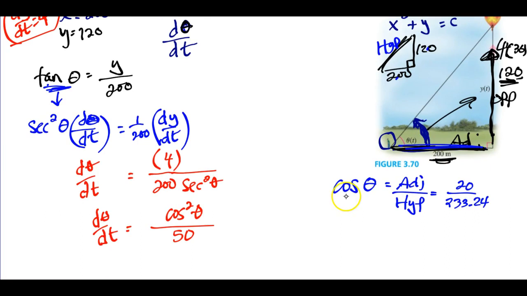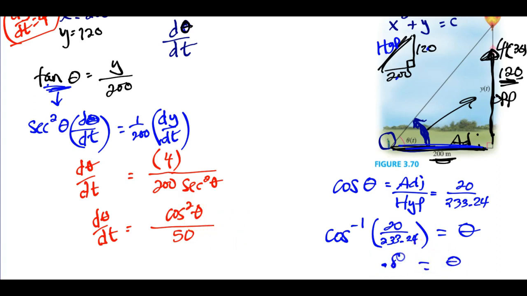And I hope you know how to solve for theta then. You do the cosine inverse of 200 over 233.24 to get theta all by itself. Remember, once you find theta, we still have to square the thing. So I think theta turns out to be around 0.86.